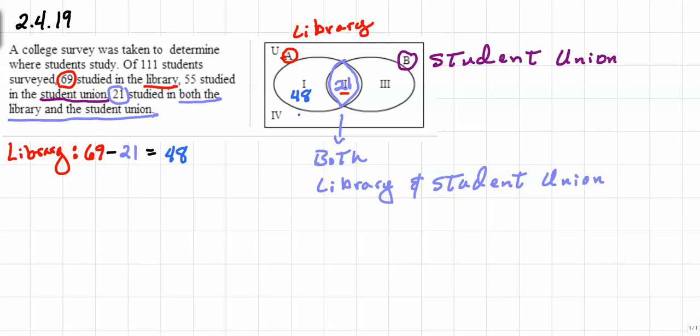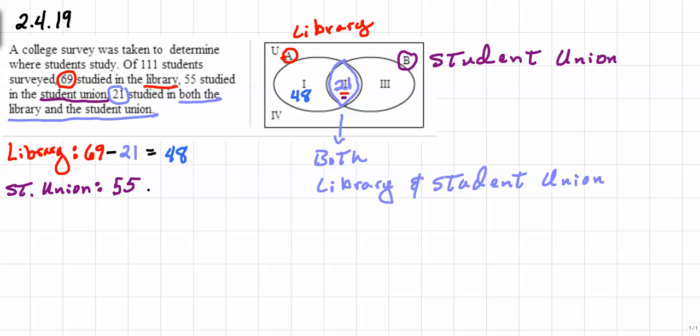Now this is just for the library. And then we're going to do the same thing for the student union. So we look at the fact that the student union has a total of 55 studying in the student union. But we have to take into account that 21 of them need to be pulled out of the numbers here.